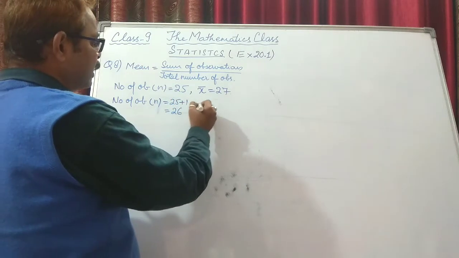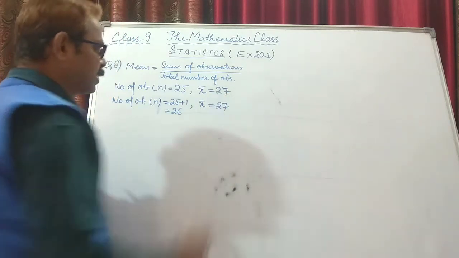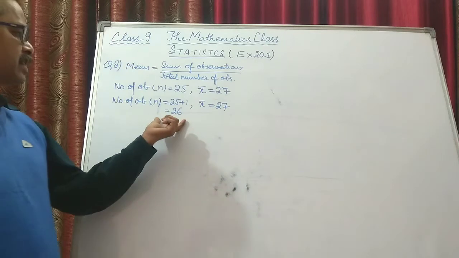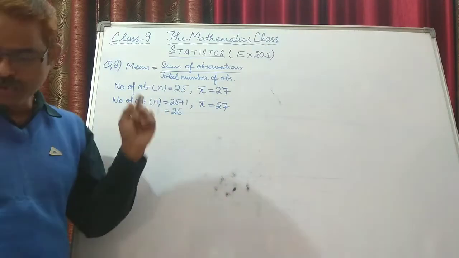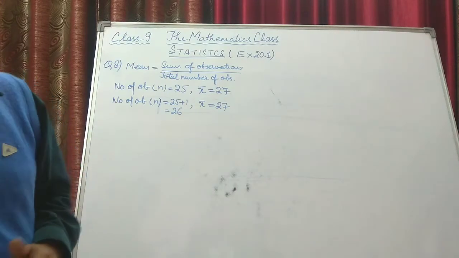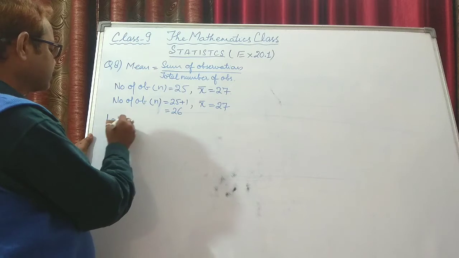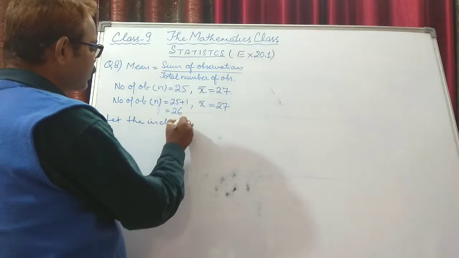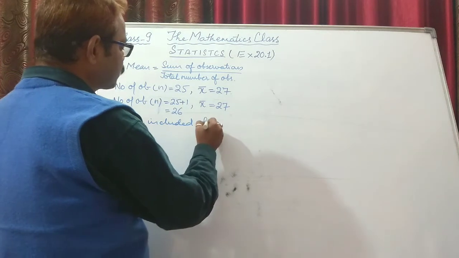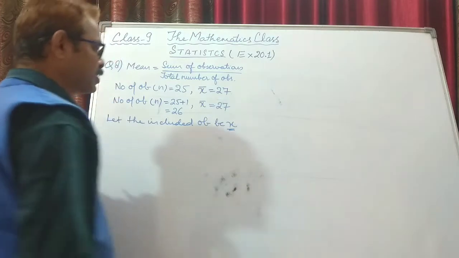But they say that still the mean remains the same, that is 27. Mean is still 27, but the number of observations has changed from 25 to 26. They say find the included observation. So we will assume that the included observation be x. I have taken the included observation as x.